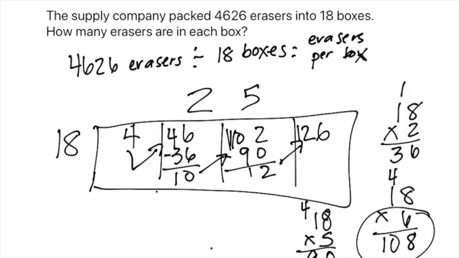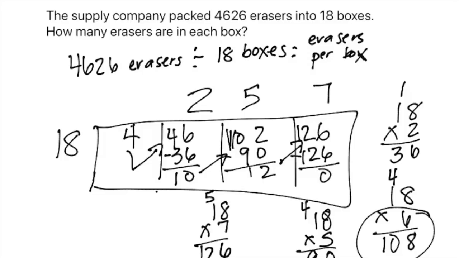Well, I know that 6 was 108, so I'm going to try 7. 8 times 7 is 56. 7 times 1 is 7, plus 5 is 12, so 126. So I'm going to put my 7 up here, minus 126. I have 0 remaining. So 257 erasers were in each box.